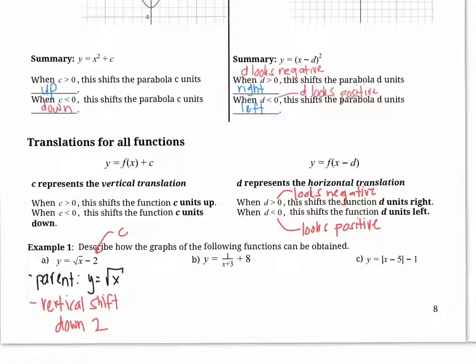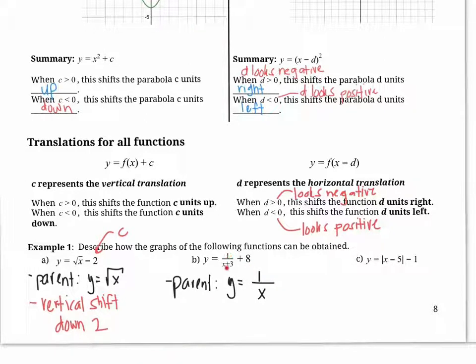Let's take a look at this guy here. What is our original function? Well, as soon as you see a 1 over x somewhere in there, we know that the parent function is the reciprocal. So our parent function is the reciprocal function, 1 over x. What are these numbers right here?